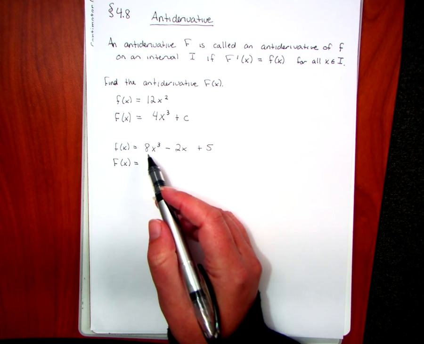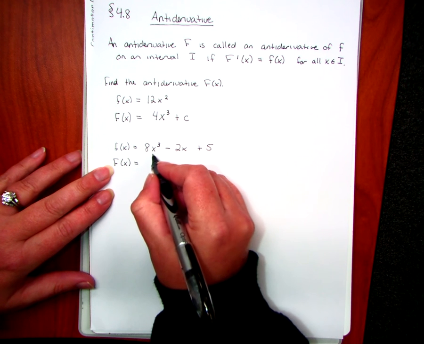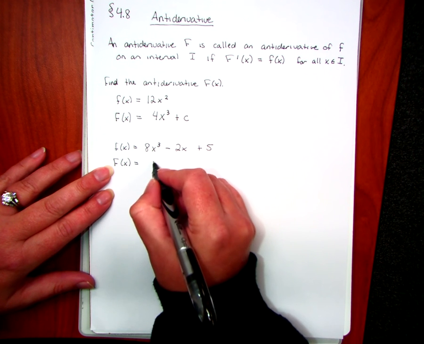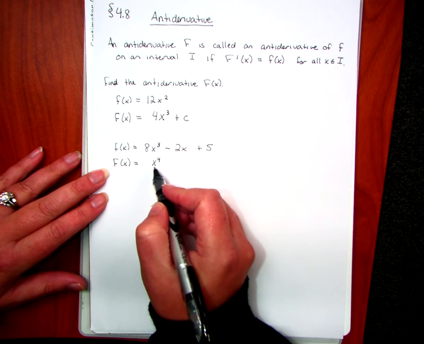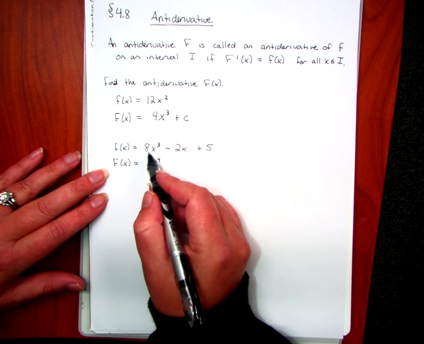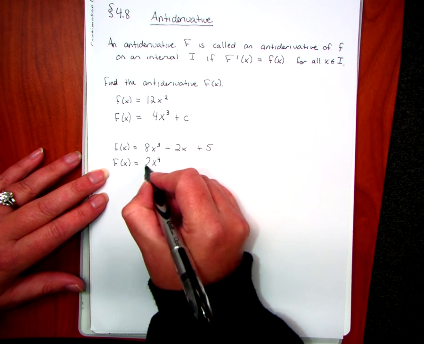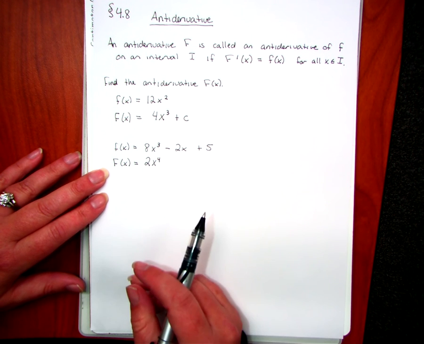So 8x cubed, the antiderivative needs 1 power higher than the x cubed. So I know it needs to be x to the 4th. And if I differentiate x to the 4th, I'm going to get 4x cubed. But since I need an 8x cubed, I'm going to put a coefficient of 2 here. So the derivative of this term is now 8x cubed.